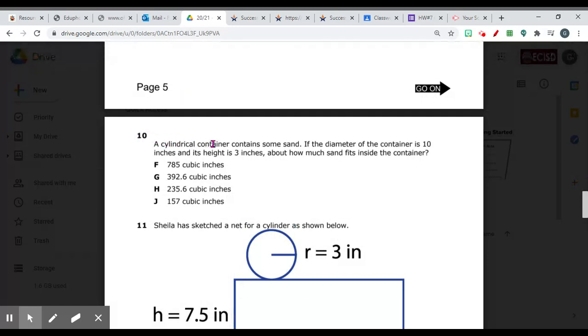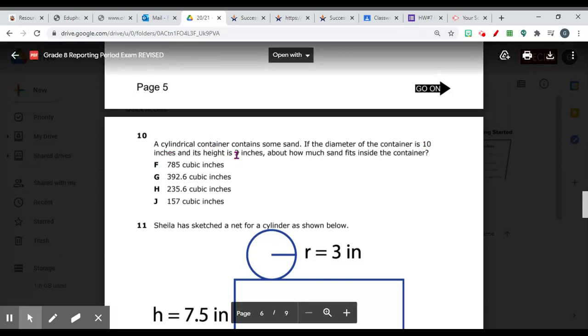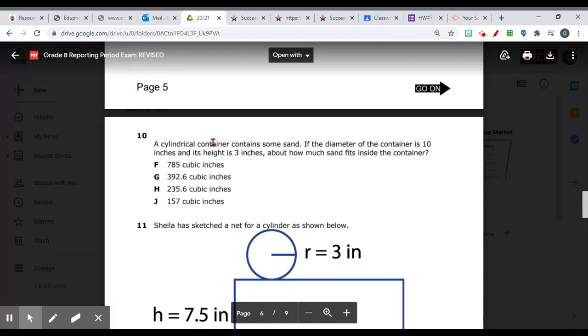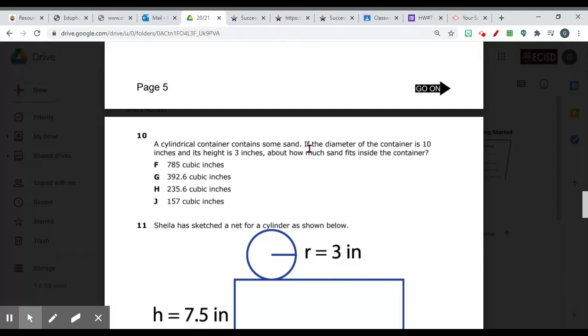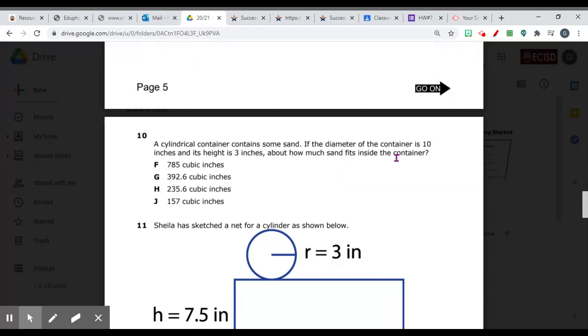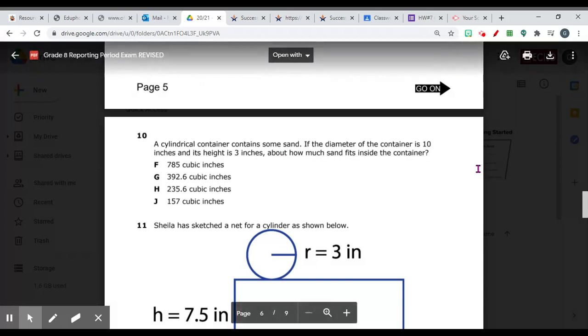A cylindrical container contains some sand. If the diameter of the container is 10 inches and its height is 3 inches, about how much sand fits inside the container?